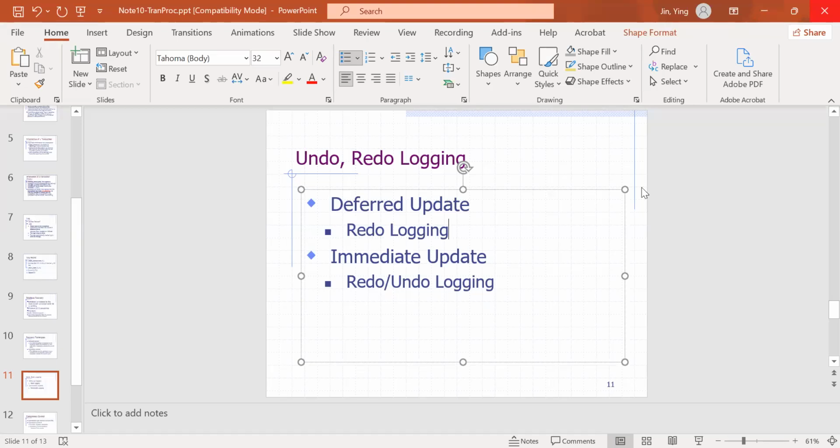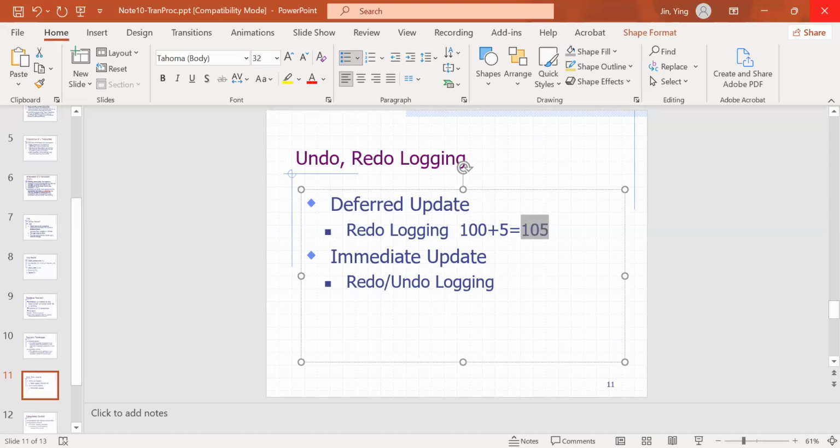Say we have 100 plus 5 equal to 105. The initial value is 100, our calculation is plus 5, and the result is 105. Then 100 is the old value, 105 is the new value. So when we do redo, we don't actually redo the calculation. We don't do plus 5 again.